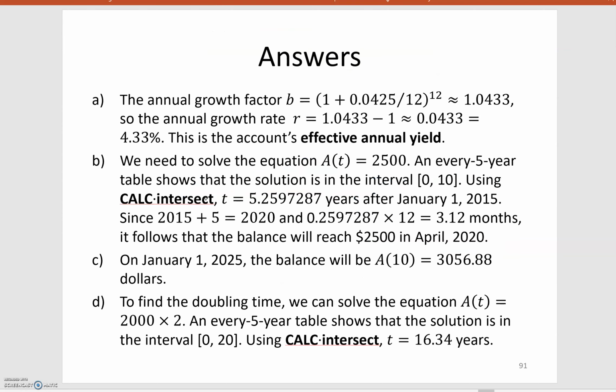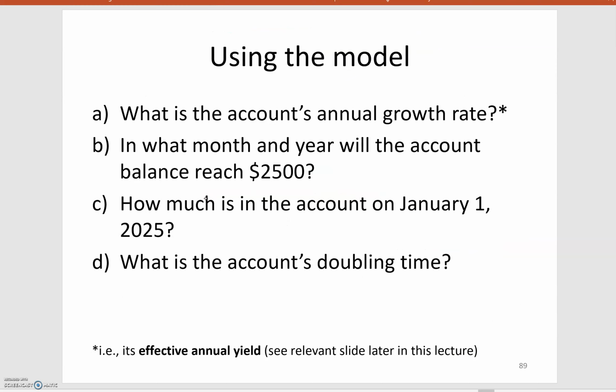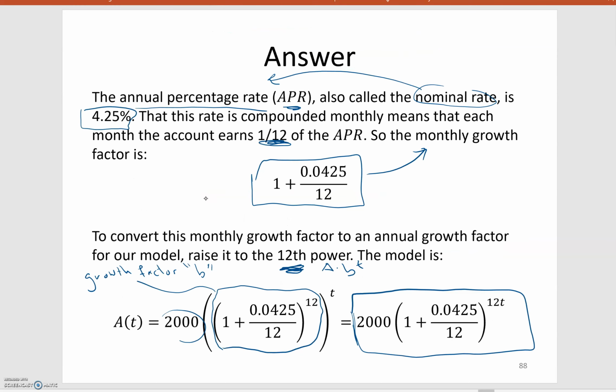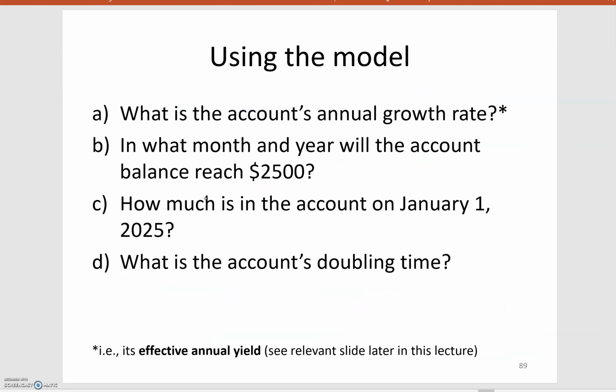Now let me go back and let's answer some questions about this model now that we have it. So there's our model. And here's a few questions. First of all, what's the account's annual growth rate? Okay, so that's that annoying thing that I said earlier. The APR was close to the annual growth rate, but not exactly the same thing.